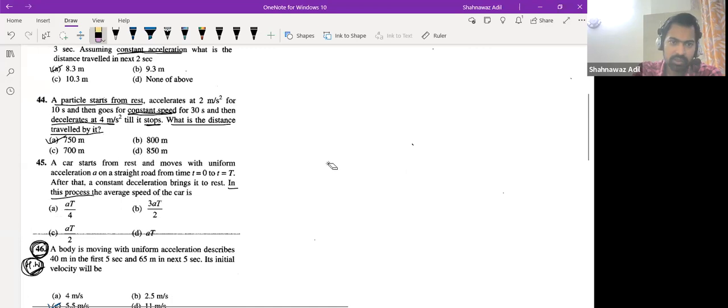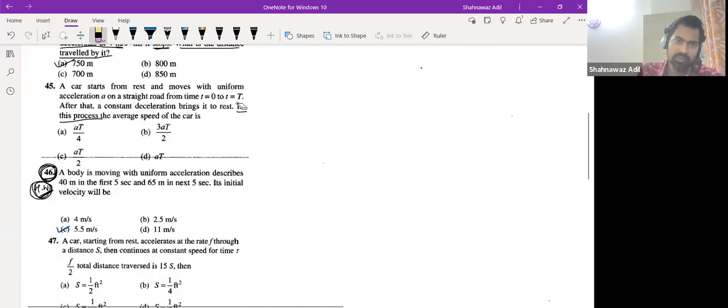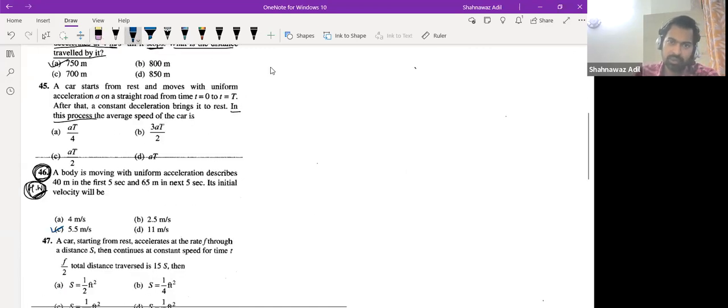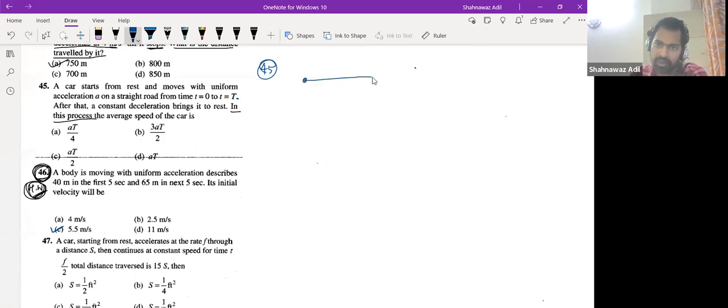Okay, so this was the question, right? A car starts from rest and moves with uniform acceleration a on a straight line from 0 to t seconds. So let us write this first part, first information.